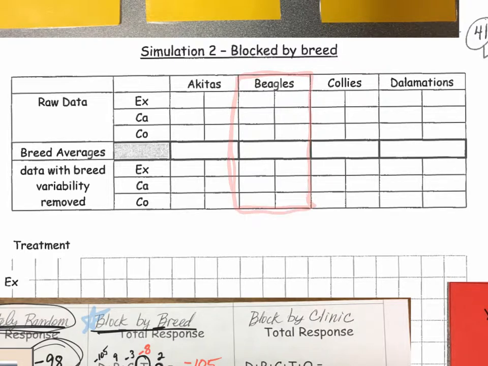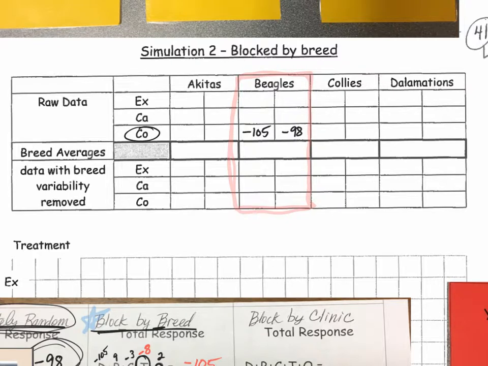So I sit with my Beagle people and I say, hey, Beagle people, because 2 of them got one thing and 2 got the other, and so on. So here are some numbers that we got. I was in the control group, and my number here was -105. Another person who had a control was -98.